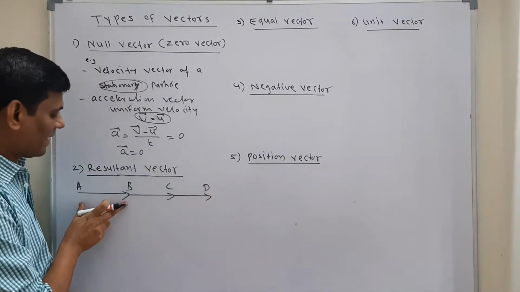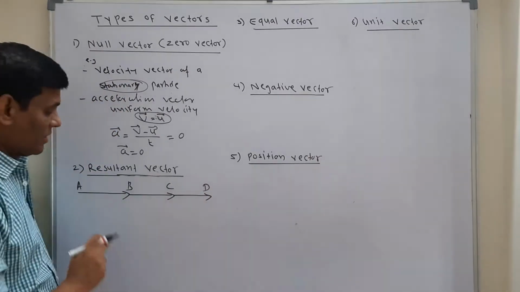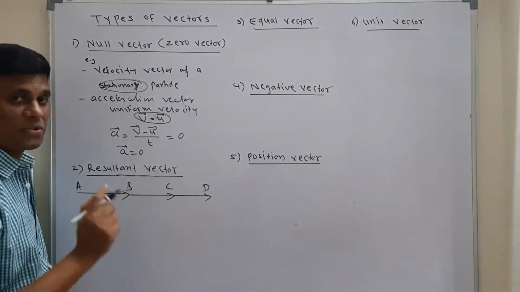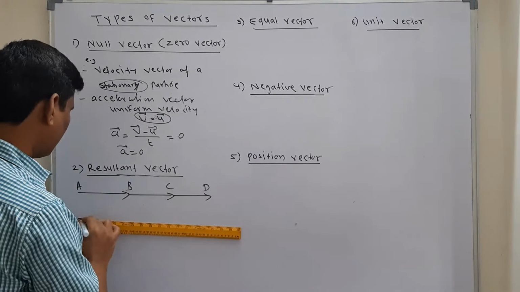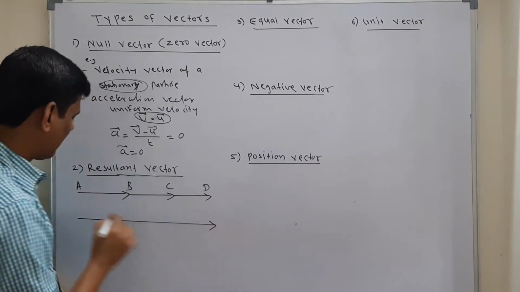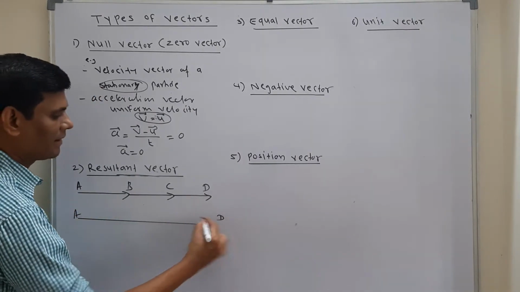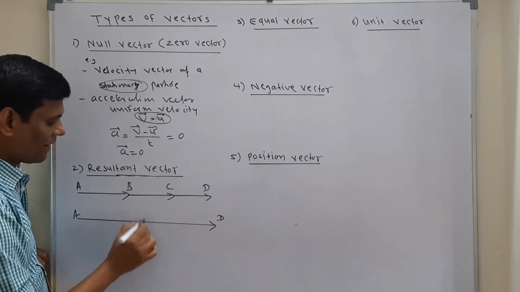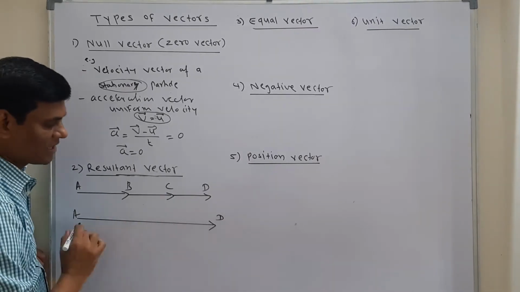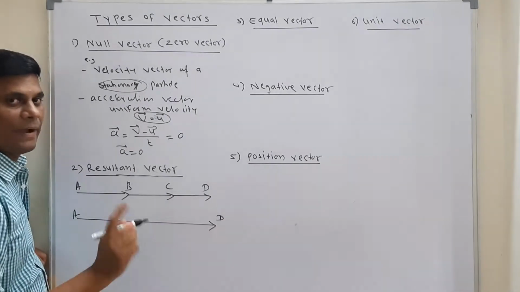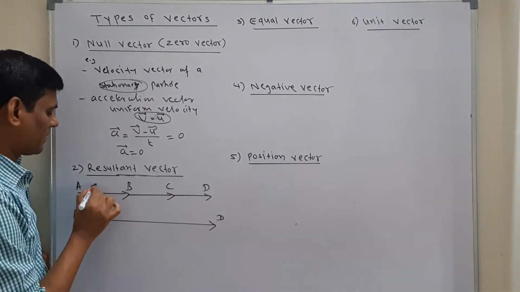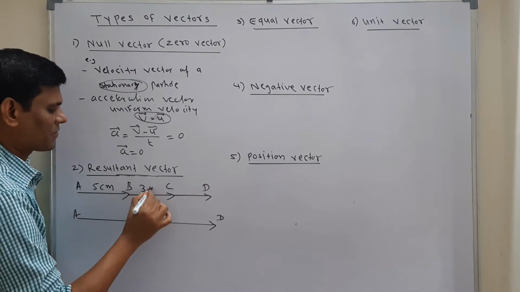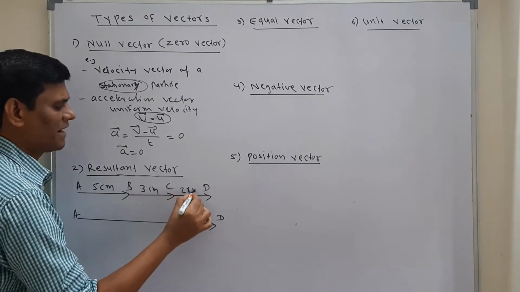So there are three vectors AB, BC and CD. The resultant of these three vectors you can represent by a single vector, something like this. This is a single vector, say AD. This vector we call the resultant vector. Suppose I go with magnitudes: suppose this one has magnitude 5 centimeter, this one suppose 3 centimeter, and this one suppose 2 centimeter.